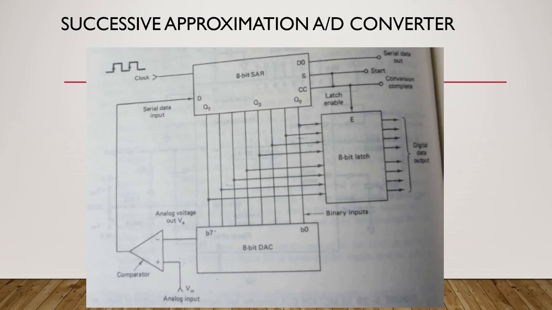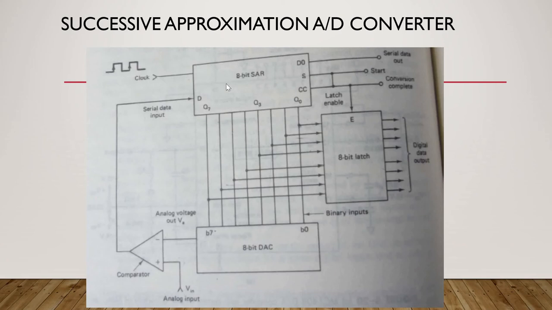First, as I said, start of conversion. At the start of conversion cycle, the SAR is set by holding the start signal high. By setting this start signal high, the conversion is going to start.